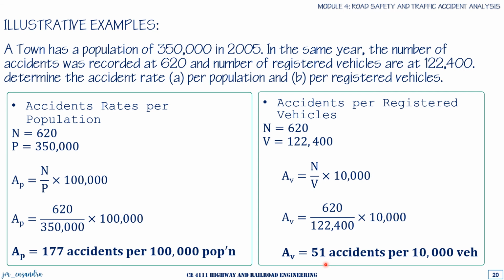So we could now approximate in these terms that if there are 20,000 vehicles, a total accident for 20,000 vehicles would be approximately 100 accidents. Okay? So ito yung accident rate natin per 10,000 vehicles. Ito yung accident rate per 100,000 population. So using this, we could now estimate total accidents for a total population.